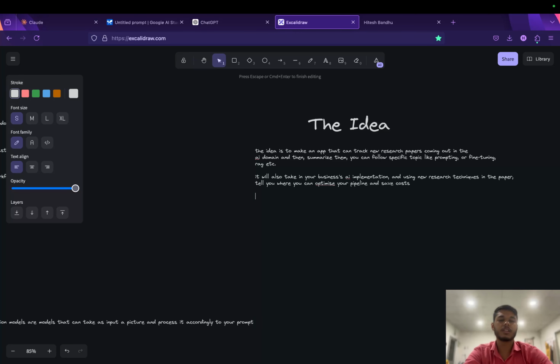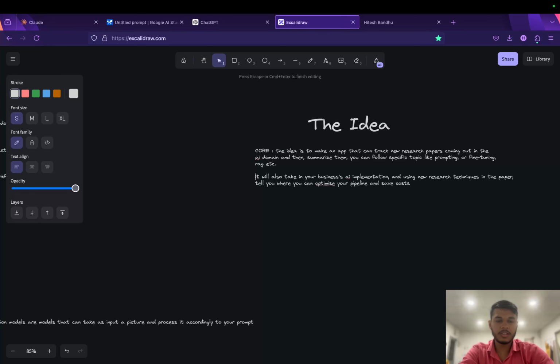Saving cost is the best thing. So this is the core, which I will be implementing. This will be in the app no matter what.